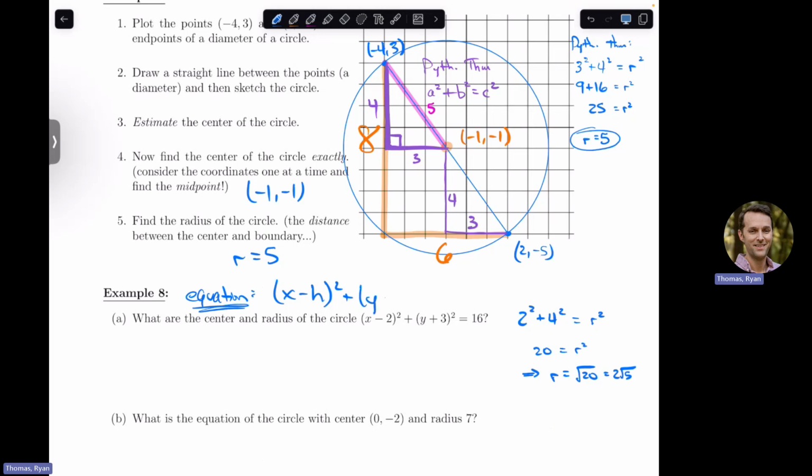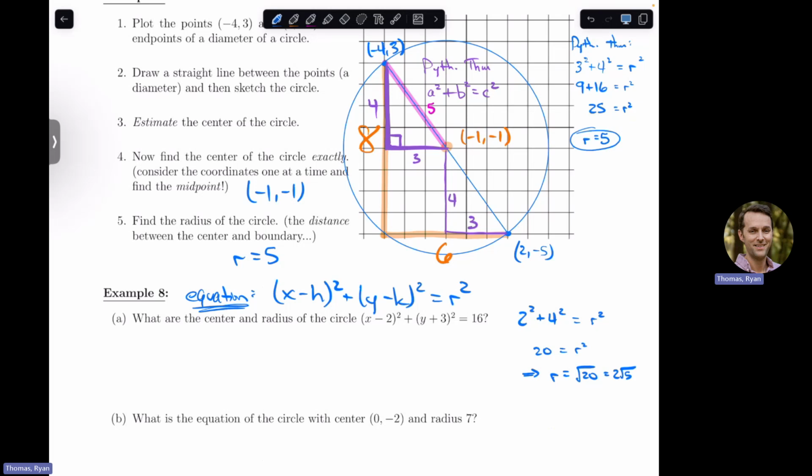I'm going to write it down, but again, don't panic, don't be scared. Thing involving x squared plus thing involving y squared equals r squared.